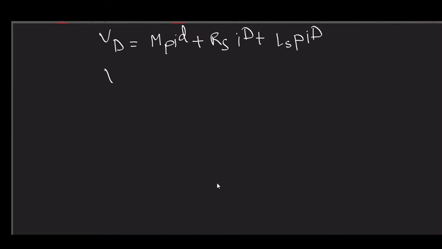we will have VD is equal to MPID plus RSID plus LSPID, plus VQ is equal to MPIQ.